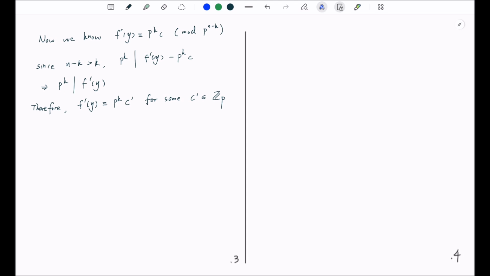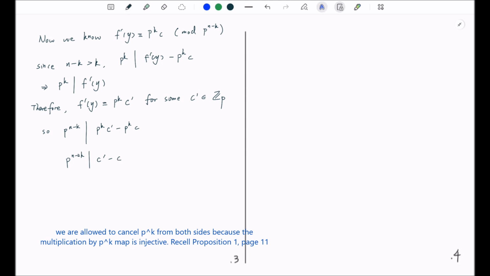And now again, by this relation, we must have p to the power n minus k divides p to the power k times c prime minus this guy. And if we cancel p to the power k from both sides, we have that p to the power n minus 2k divides c prime minus c.